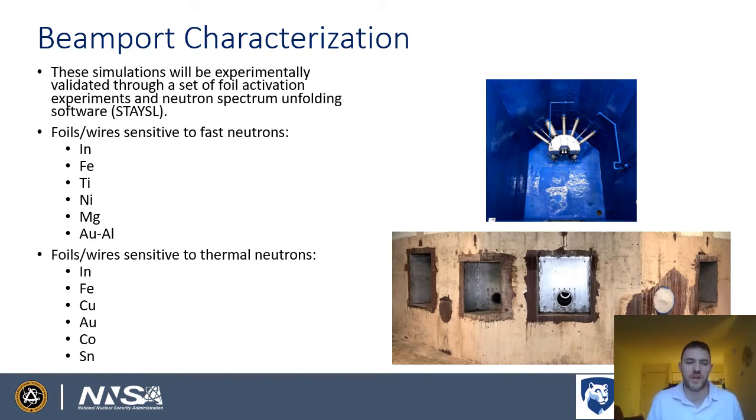The second set of wires and foils will be sensitive to thermal neutrons: indium, iron, copper, gold, cobalt, and tin. And the third set will cover the epithermal range, where the thermal foils and wires just mentioned will be repeated with cadmium covers.